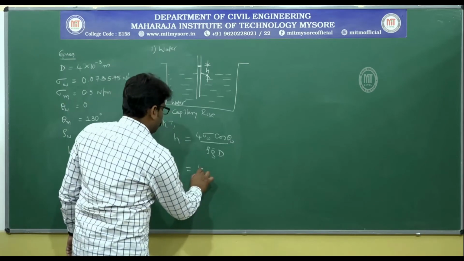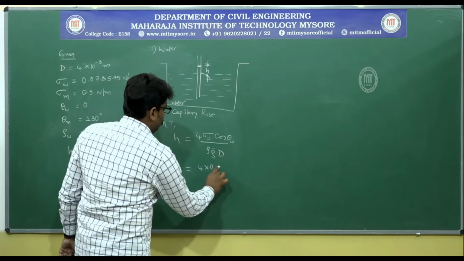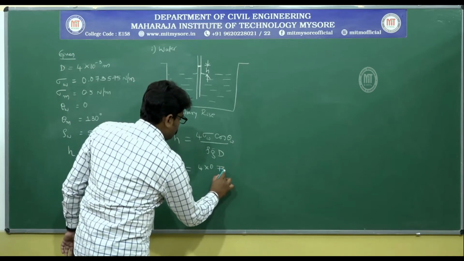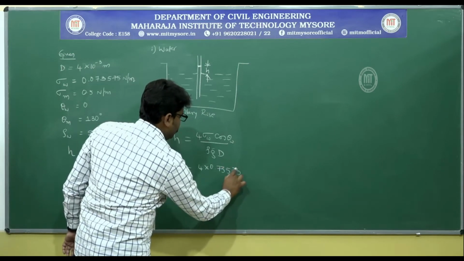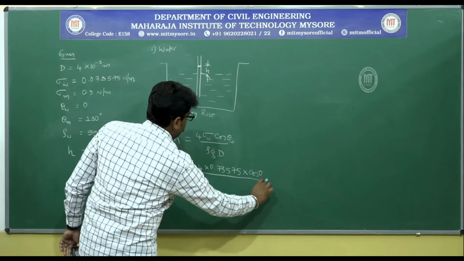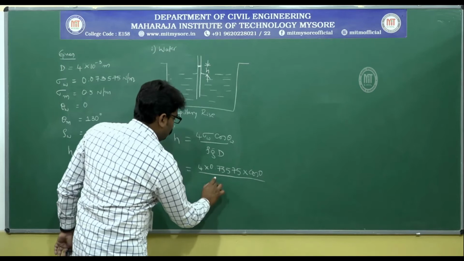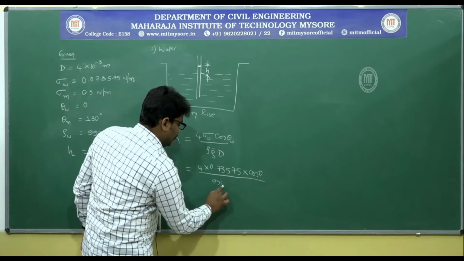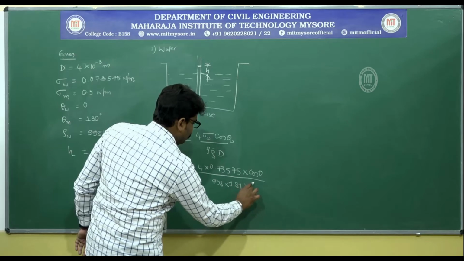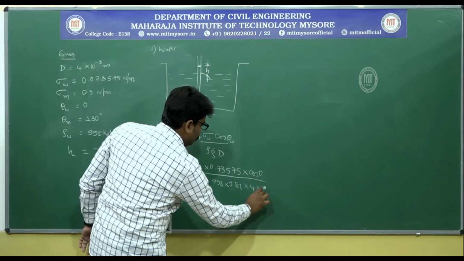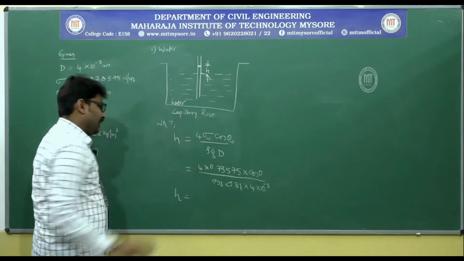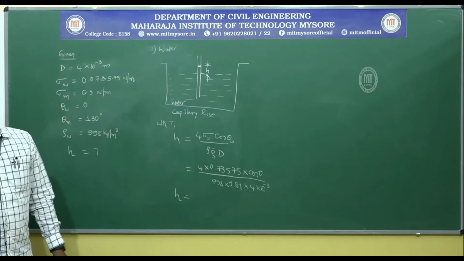So, this is 4 into 0.7575 into cos 0, cos 0 is 1, divided by rho. Rho of water is given as 998 into g is 9.81 into diameter is 4 into 10 power minus 3. Use your calculator and get me the value for H.